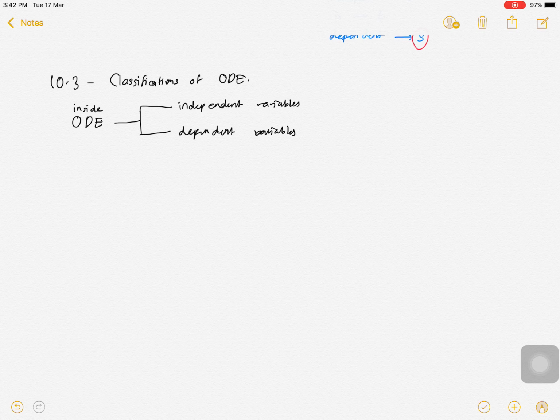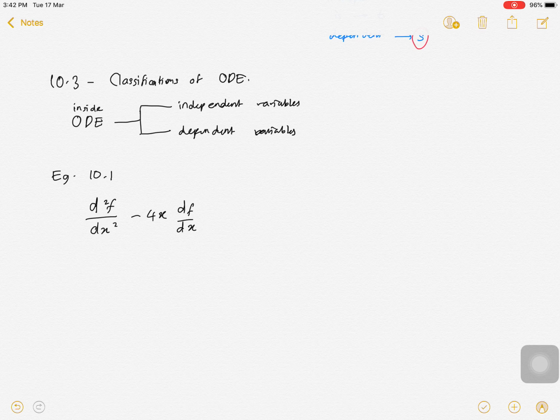Okay, so let's go straight to the first example for this chapter, example 10.1. The given equation is d square f over dx square minus 4x df over dx equal to cos 2x. Okay, so what is the independent variable?